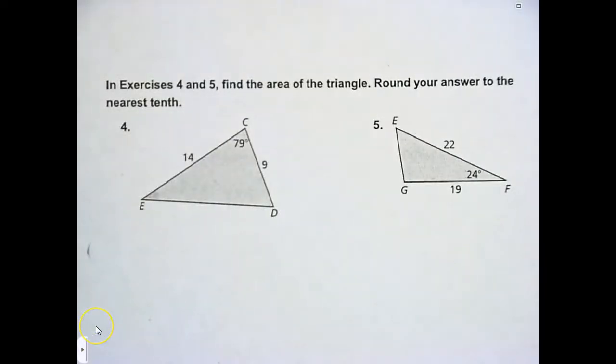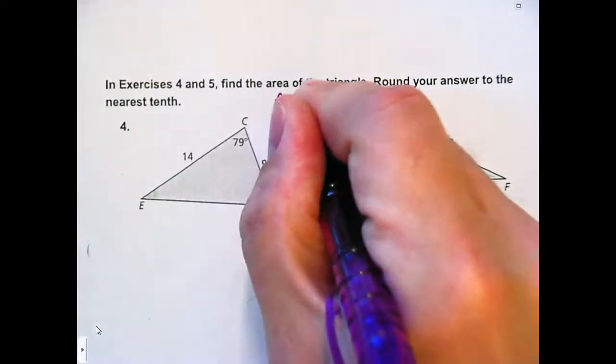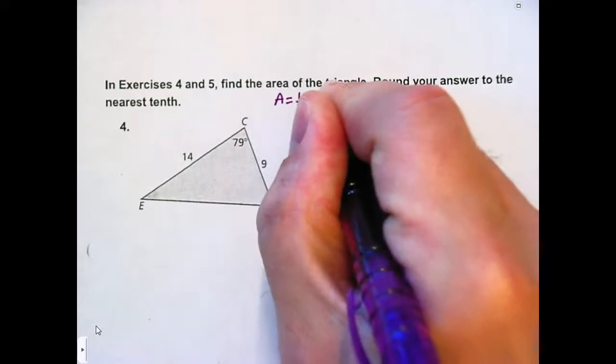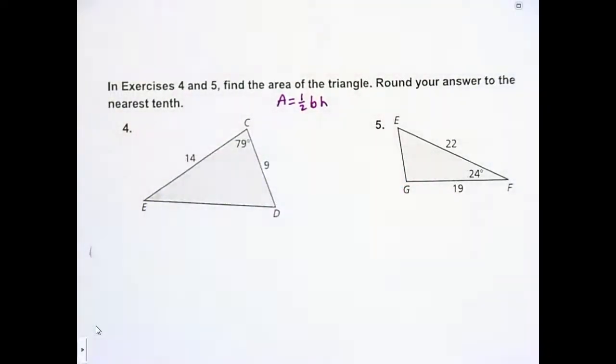Hey, what's the formula for area of a triangle? Base times height divided by 2, or area is equal to 1/2 base times height as well, right? Okay, so do we know the base? Well, this could be a base, right? Any side could be a base.